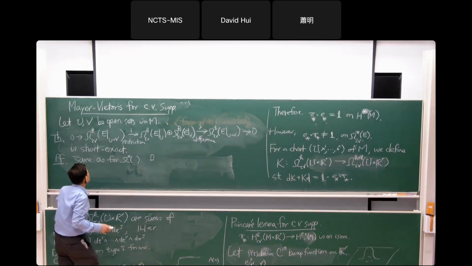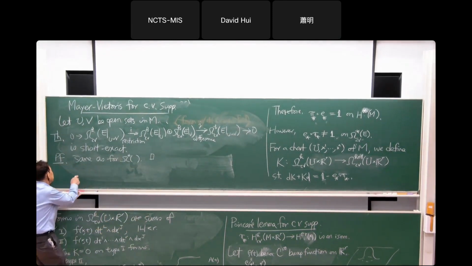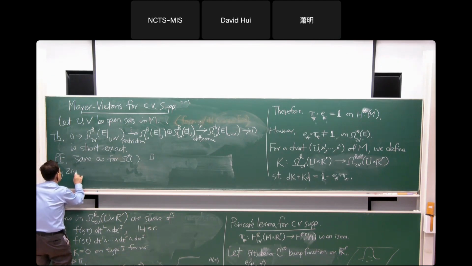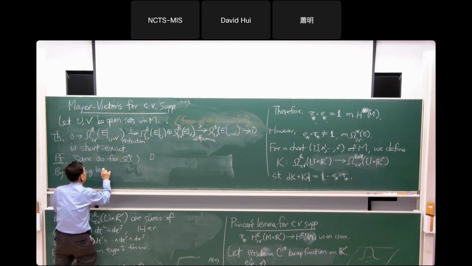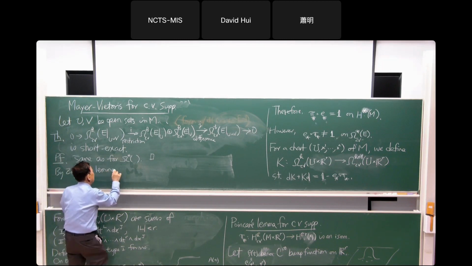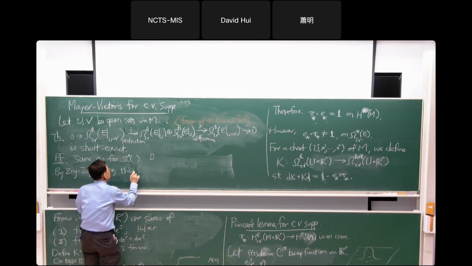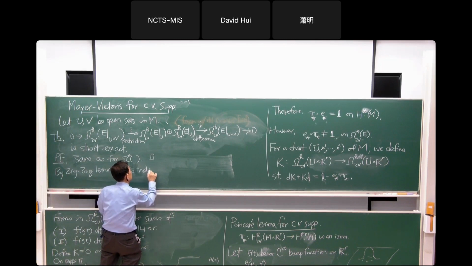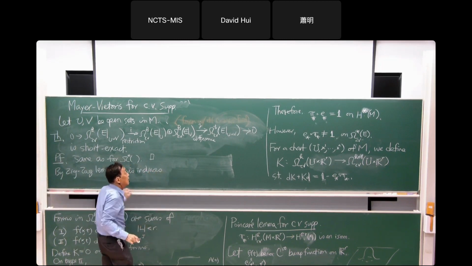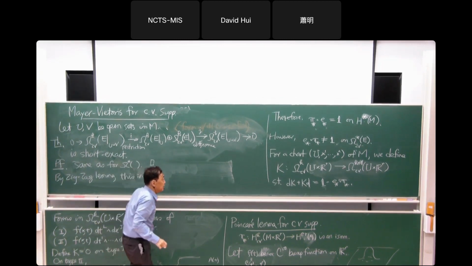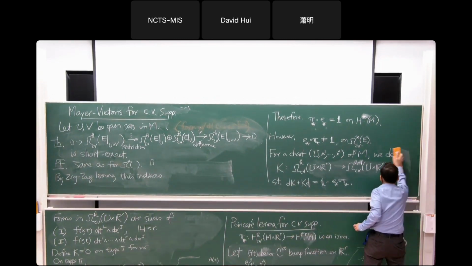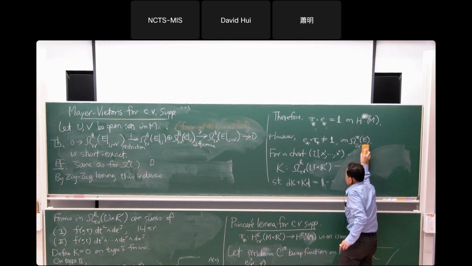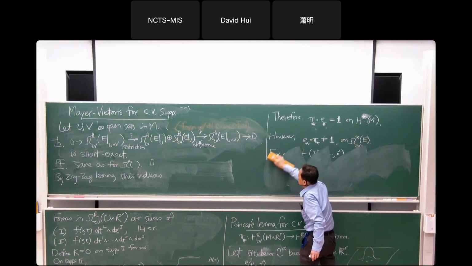And so by the zigzag lemma, this induces a long exact sequence in cohomology, and that is the Mayer-Vietoris sequence for compact vertical support.